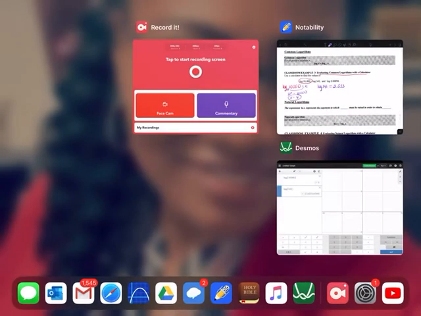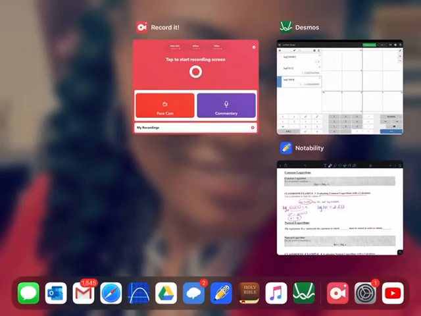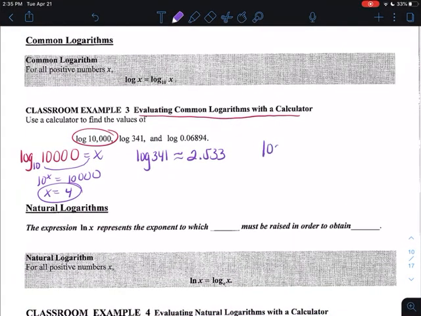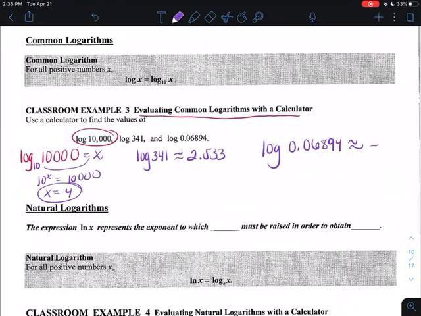And then we have log of 0.06894. That is a negative number, approximately negative 1.165.